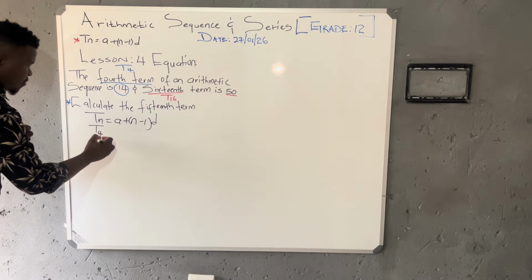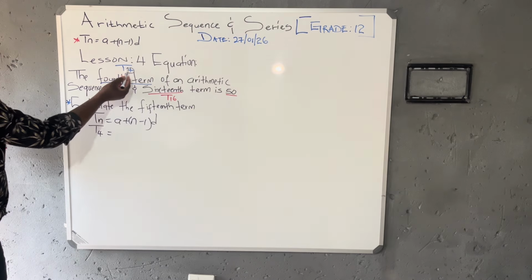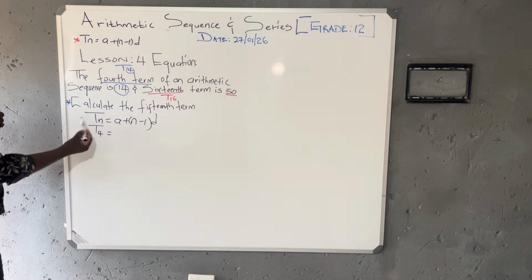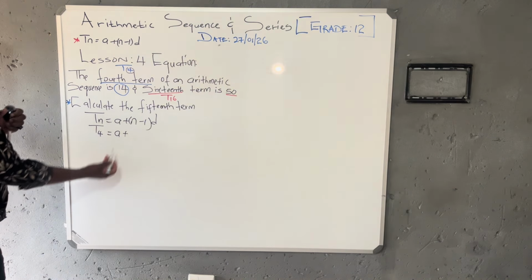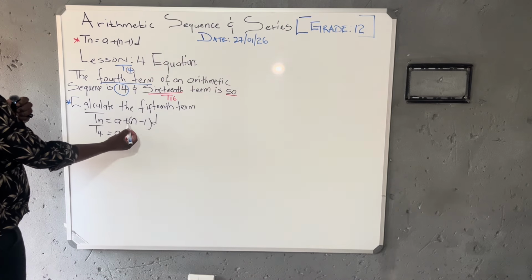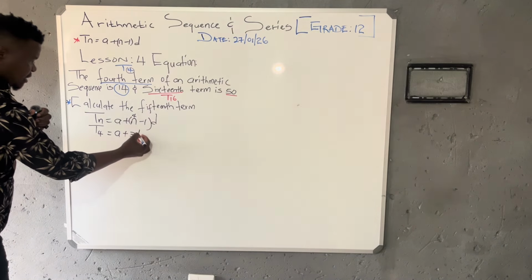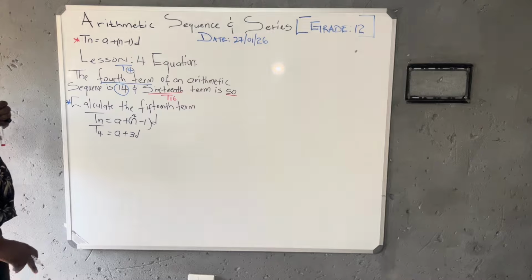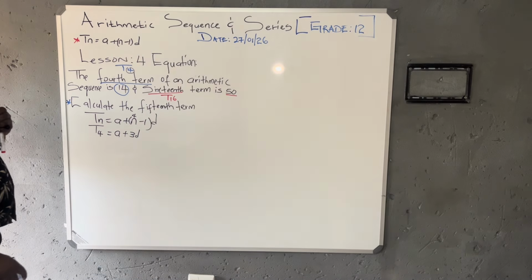That means I put 4 where there is n; you can see this 4 is in the position of n according to the formula. What is the value of a? It's unknown. The value of n, obviously, is 4. So if I put 4 minus 1, it's going to be 3. D, obviously, I don't have a D. I'm creating the first equation.